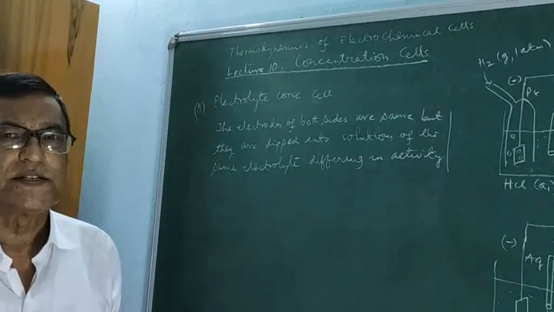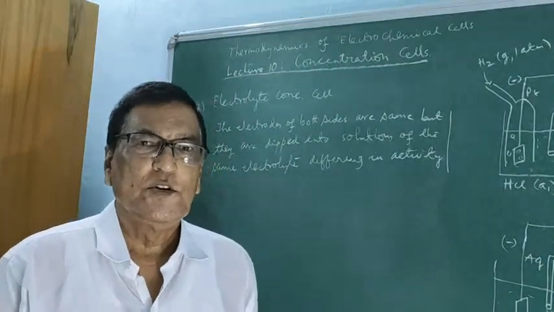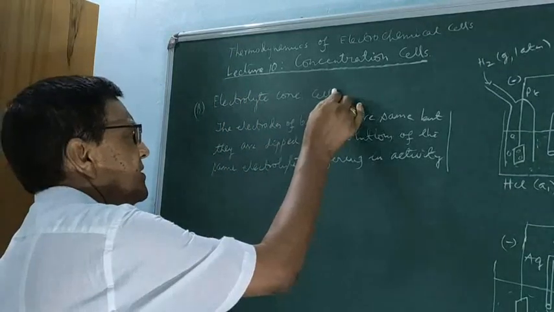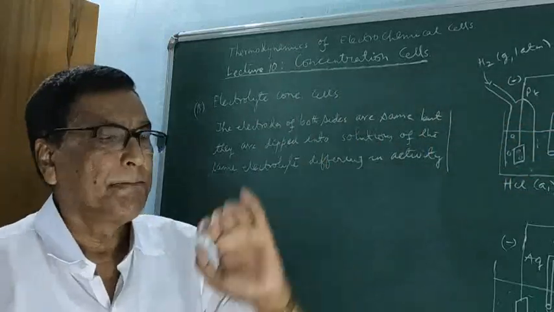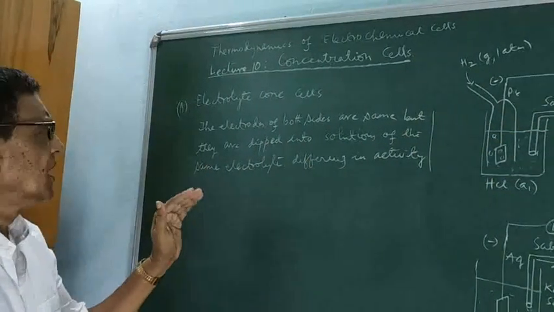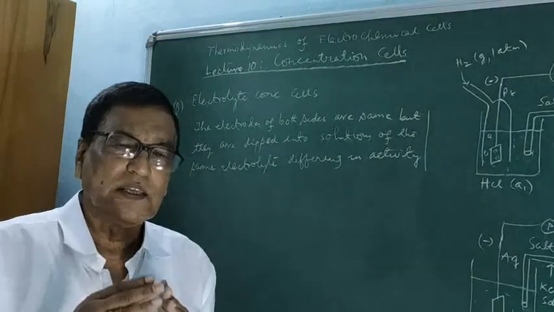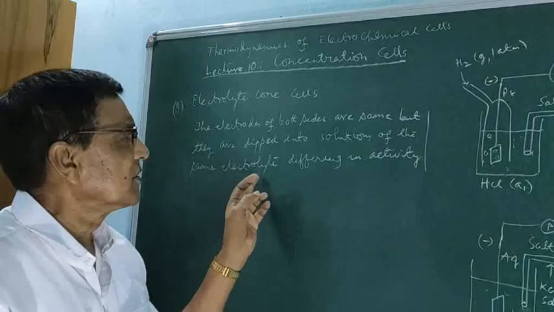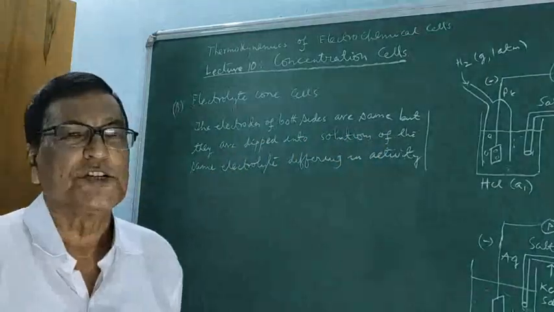Now I shall discuss the second type of concentration cell, which is the electrolytic concentration cells. In these cells, electrodes are the same, but these electrodes are dipped in solutions of the same electrolyte, differing in concentrations.